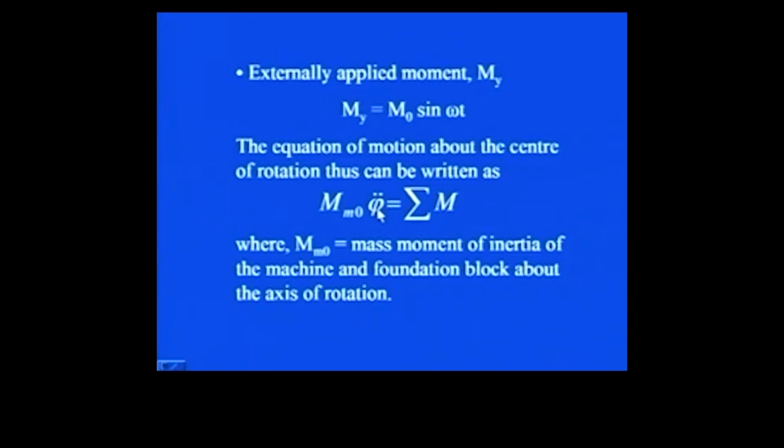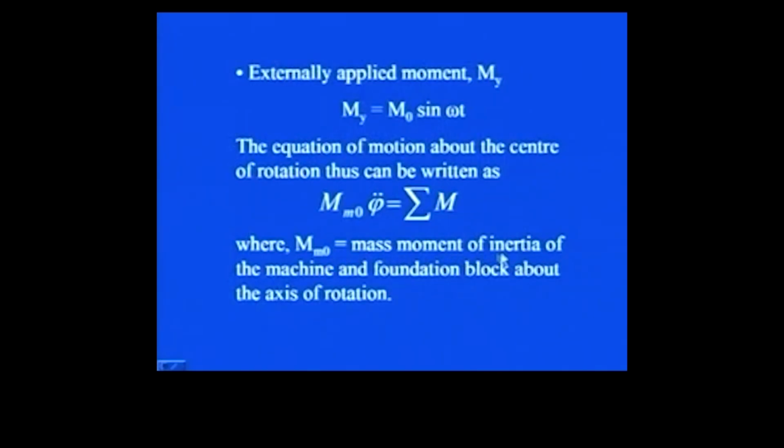See, in the earlier case it was translation, so z was coming into the picture. However, in this case the deformation is in rotational mode. So, it is the angle which comes into the picture, and it was getting displaced by an angle phi. So, you have to differentiate phi with respect to time to get phi double dot, where M_MO is the mass moment of inertia of the machine and foundation block about the axis of rotation.